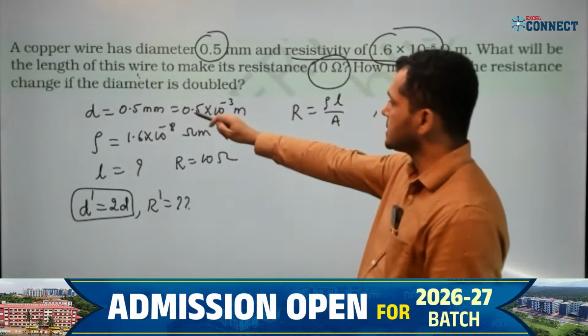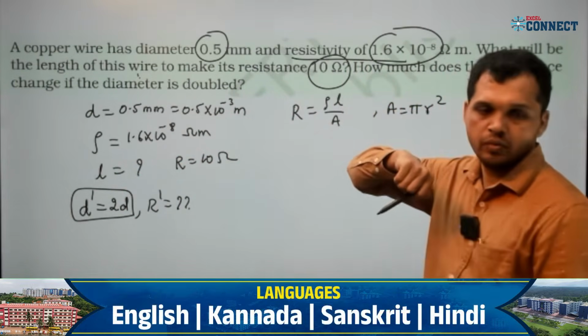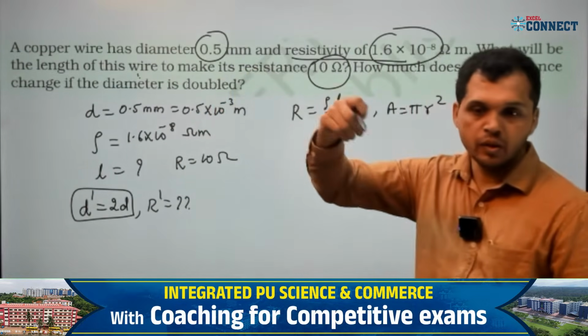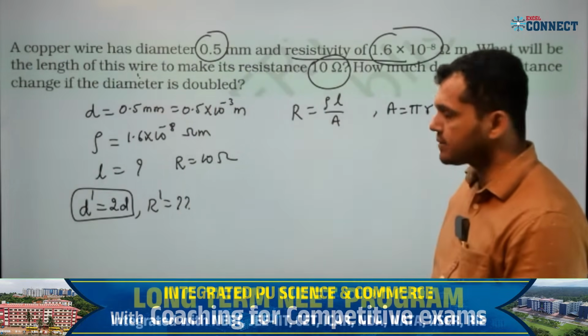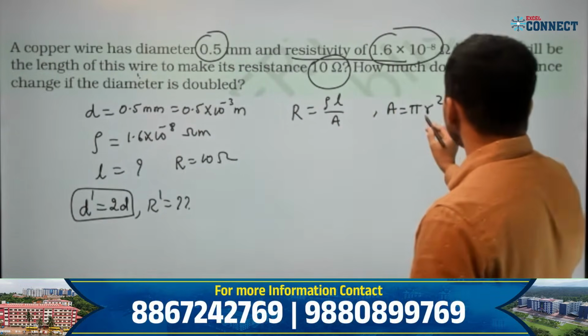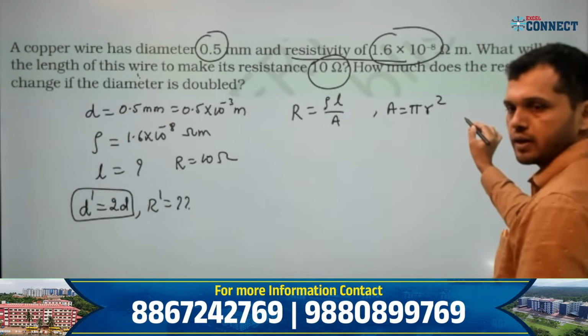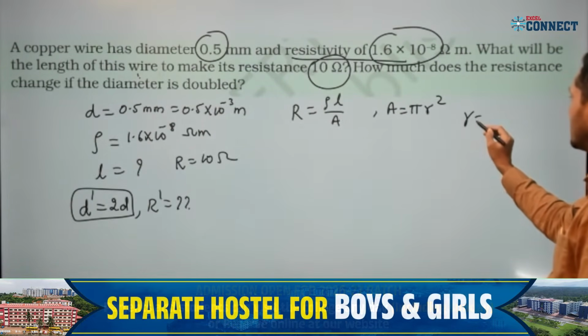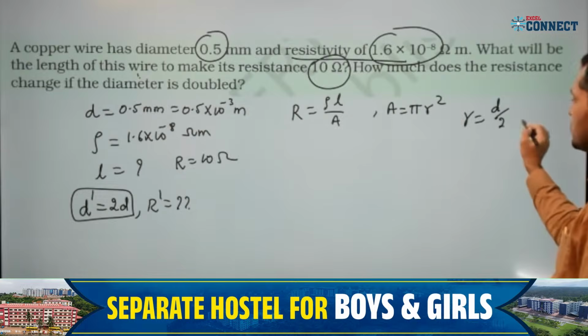What is given? You check here. Diameter is given. How to get radius? Diameter by 2. First I will find the radius using the diameter. Radius r equal to diameter by 2.